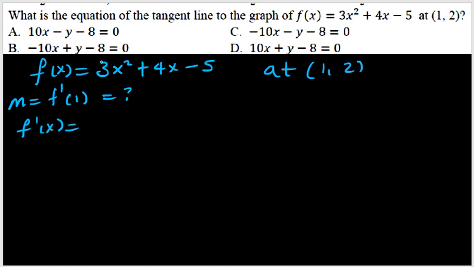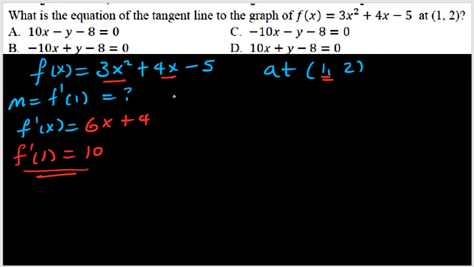The derivative of 3x squared will be 6x, and the derivative of 4x will be 4. So when you substitute 1 into this derivative, because the first coordinate here is just 1, it's going to be 6 times 1, which is 6, plus 4, which is 10. This is the slope.